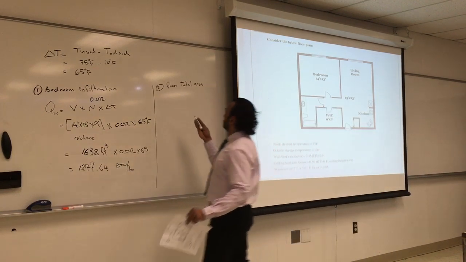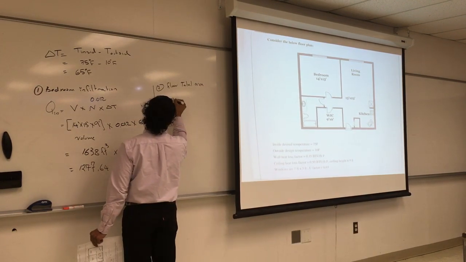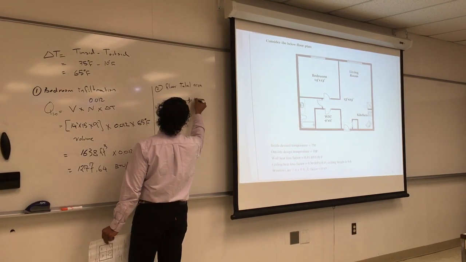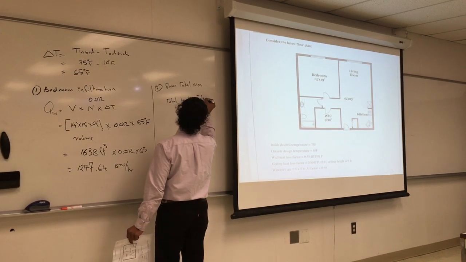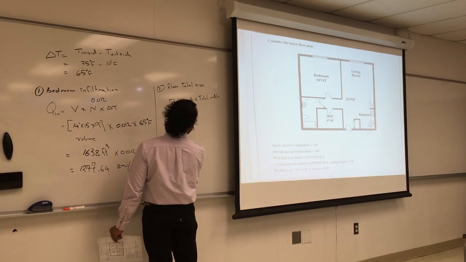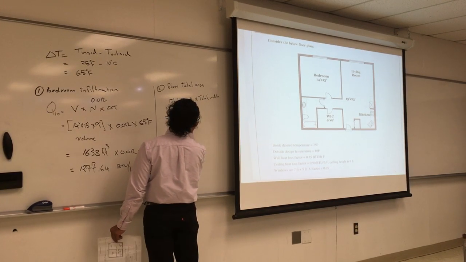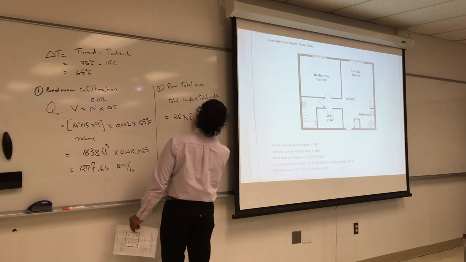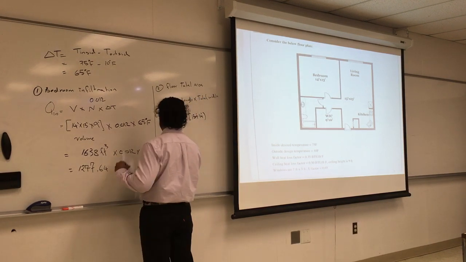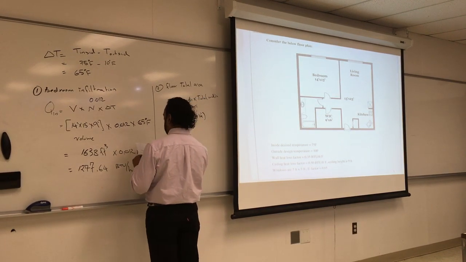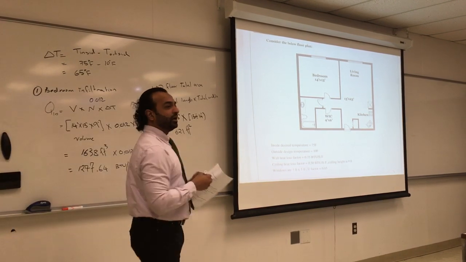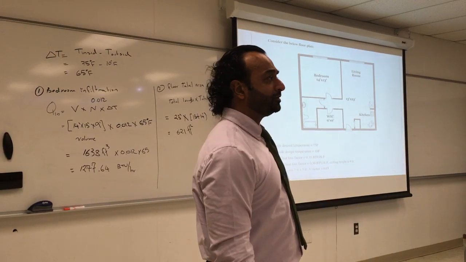So total length times total width equals 23 foot times 13 plus 14, which should give me 621 foot square. Any question how this came about?